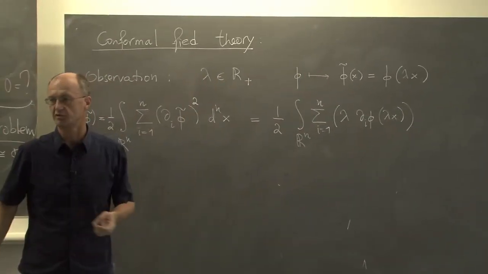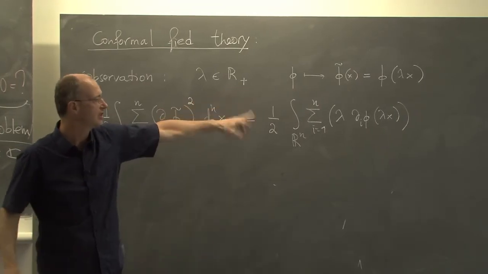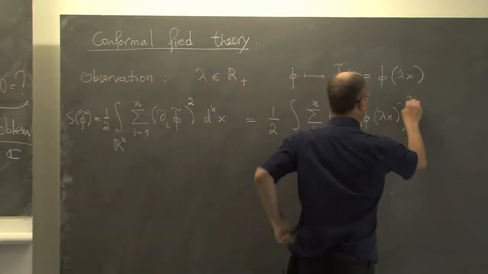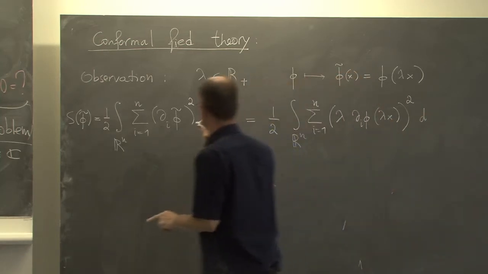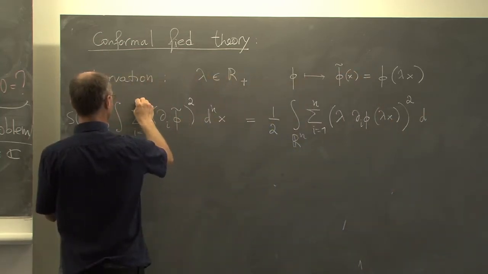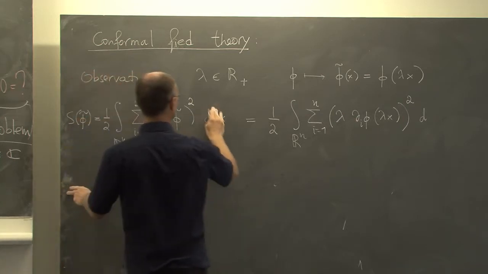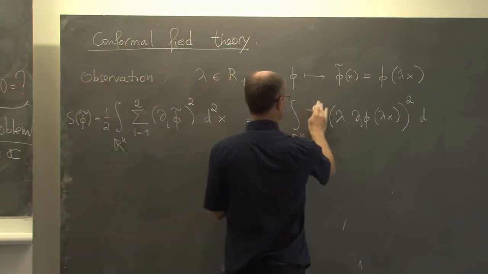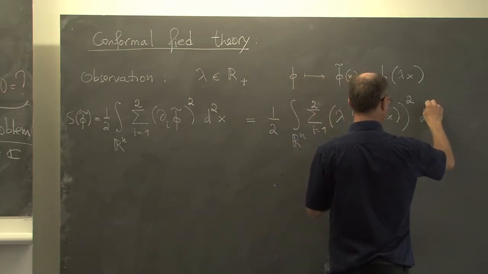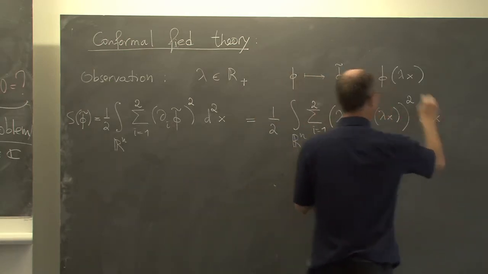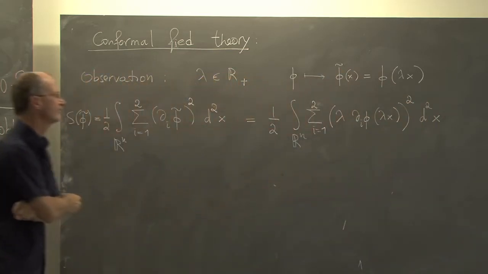We differentiate phi tilde, we get an extra lambda. I get a square here. Now let me do it for n equal to 2, and then let's discuss what happens for other values of n.